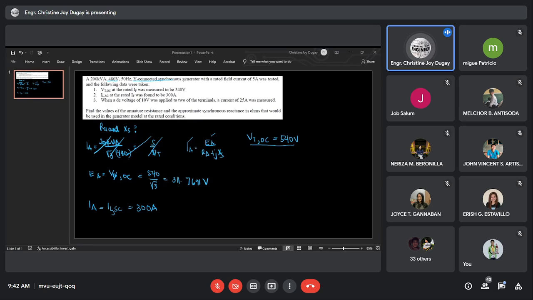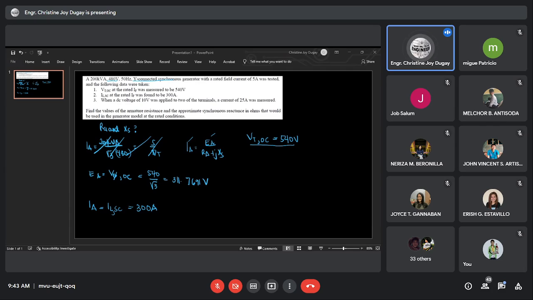Kasi RA tsaka si XS naman hahanapin. So to perform that or to calculate that one, ano ang gagawin natin? Saan tayo kukuha ng VDC po natin or DC voltage po natin?